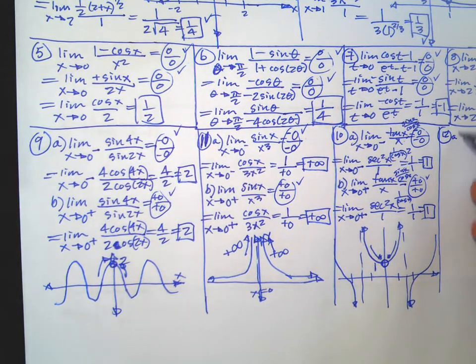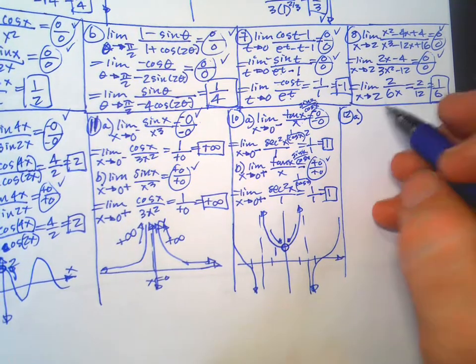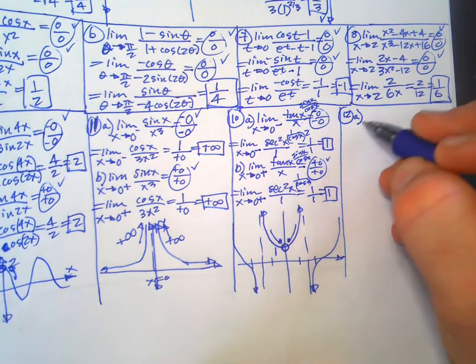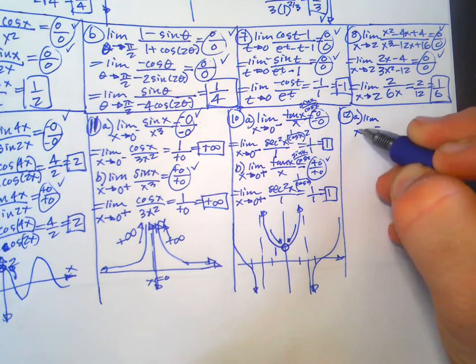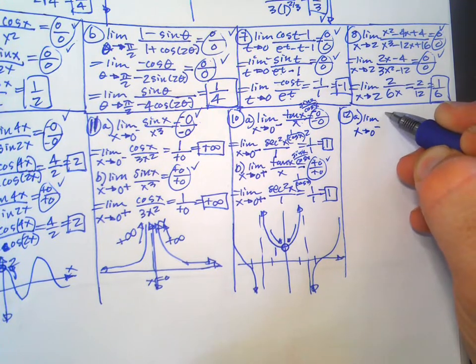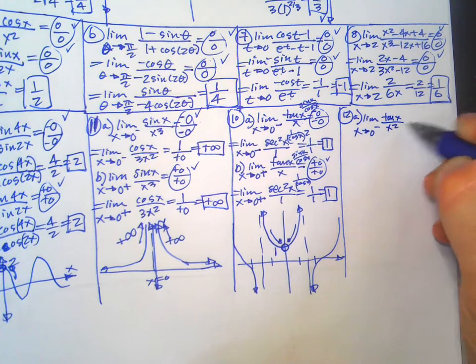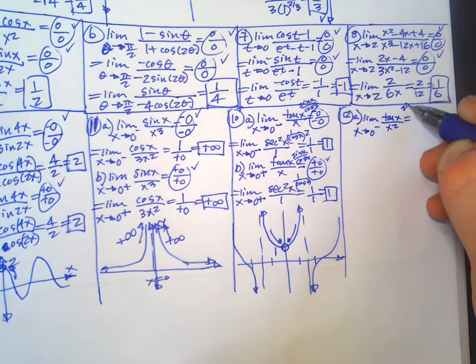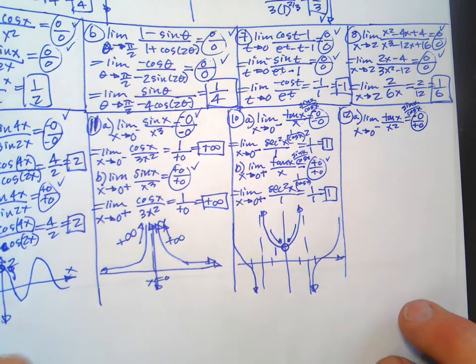12, last kind of problem like these. Let's see, it's the limit as x approaches 0 minus of tangent x over x squared. So sine over cosine, it's going to be 0 over 1 is 0 from the left-hand side over the positive. So we'll see what happens with that.